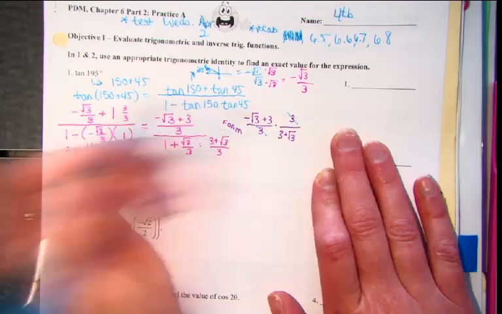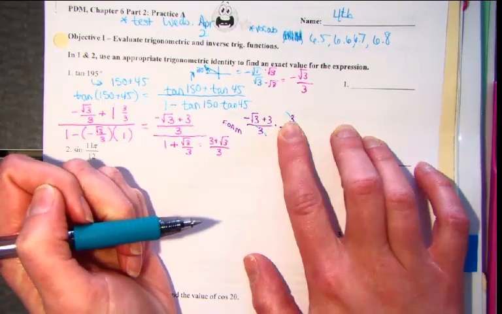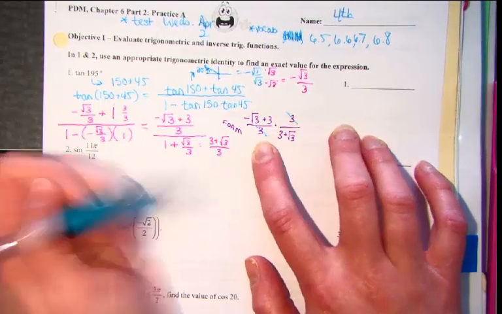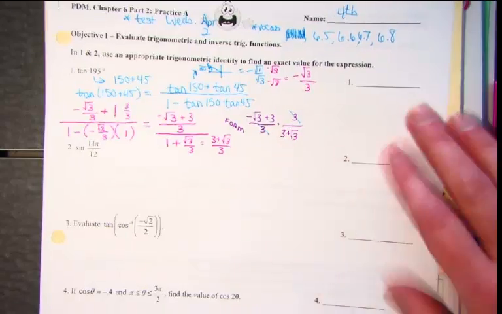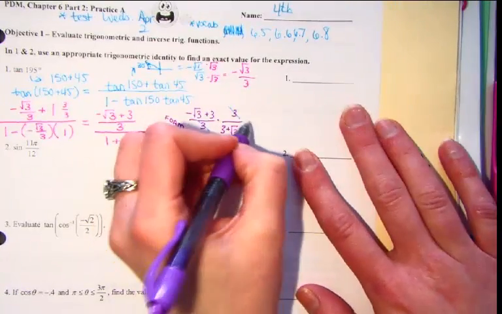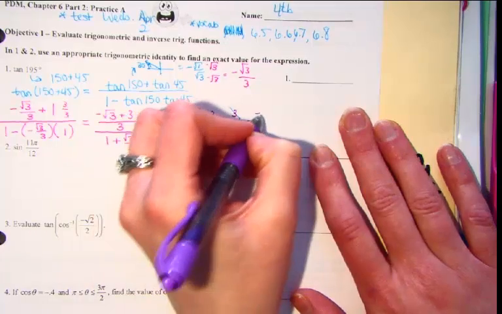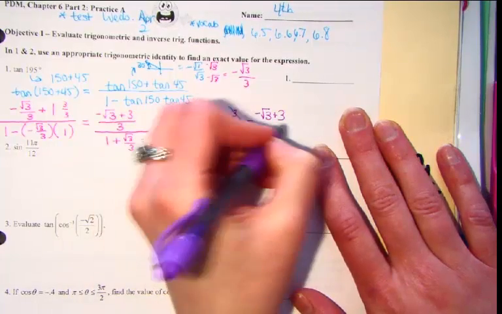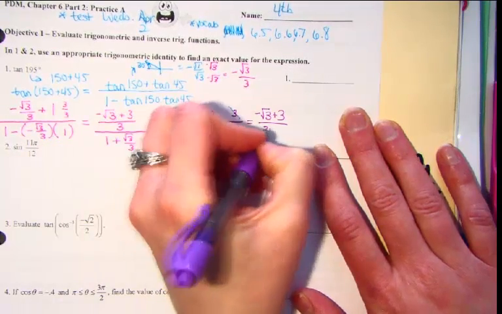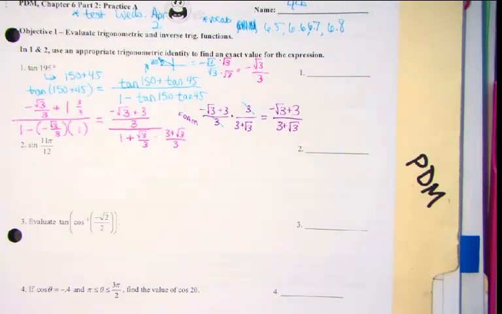The 3's in the numerator and denominator will cancel out, just the ones by themselves there. And I'm left with negative root 3 plus 3 over 3 plus square root 3. Let me stop there and make sure that I've got everyone with me up to this point. Are there any questions that we have thus far?